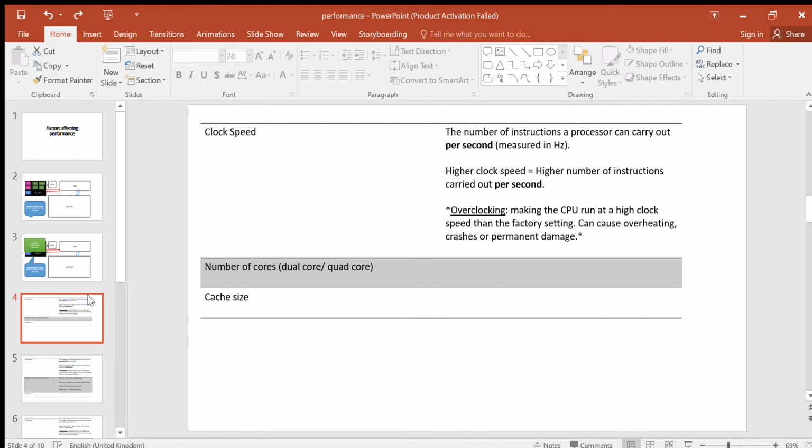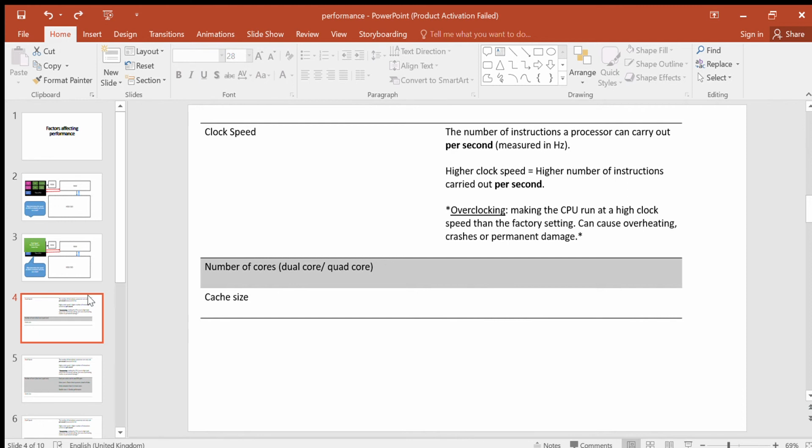Now, the higher your clock speed, the higher number of instructions you can carry out per second. Yes, I've put per second in bold twice because you have got to put it in your exam answer to get the mark. If you just put the clock speed as the number of instructions a processor can carry out, yeah, but over what given time? Okay, make sure you're really specific on that.